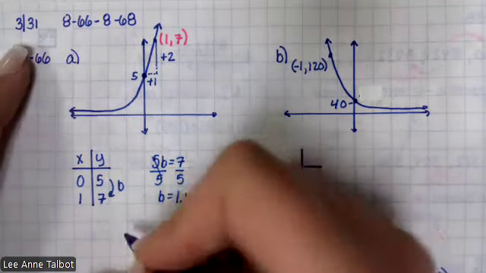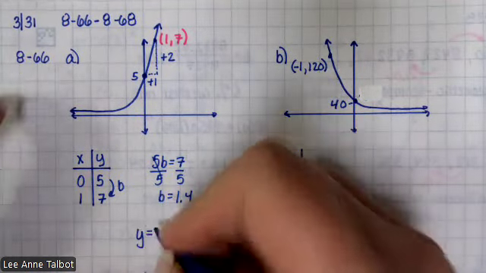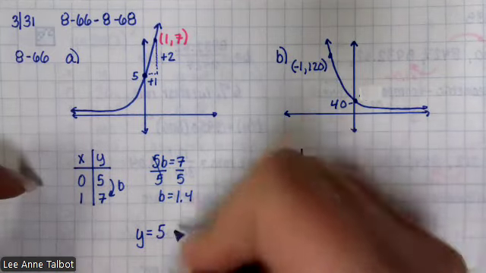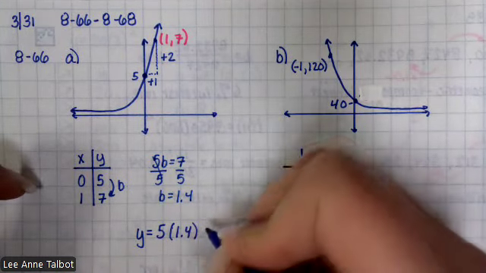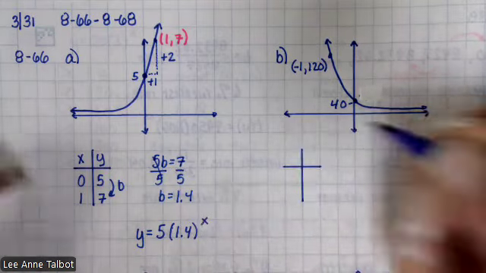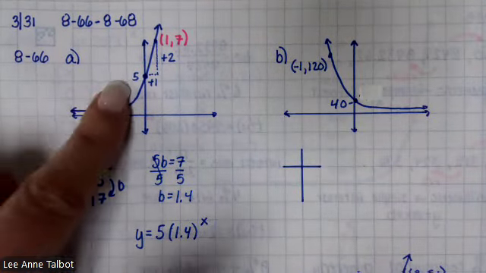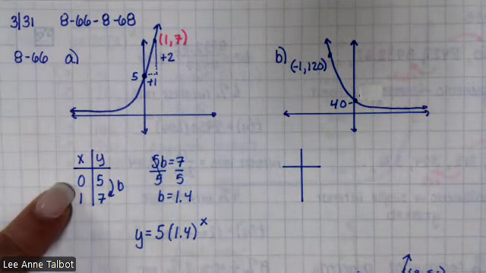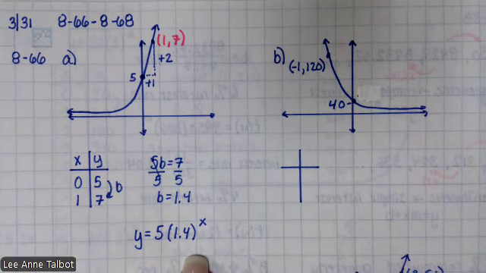Okay, so what is my equation? Y equals 5 is the start. 1.4 is the multiplier to the x. Okay, so this is graph to table to equation.